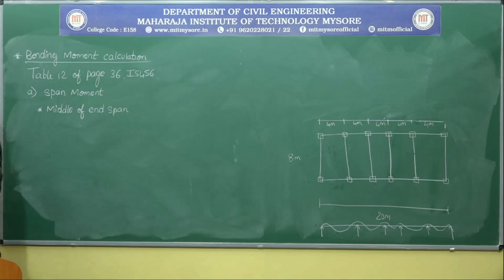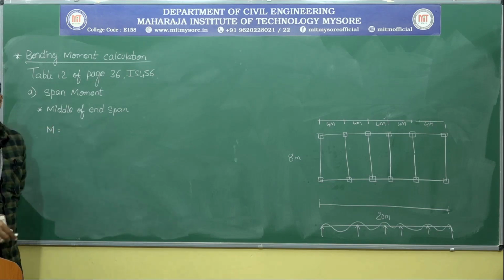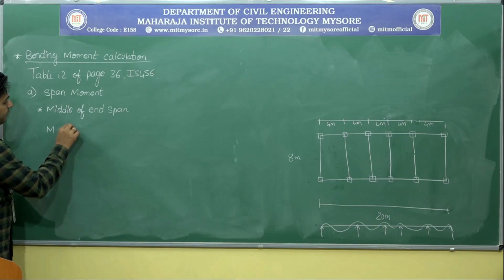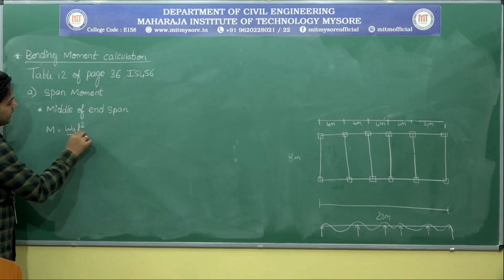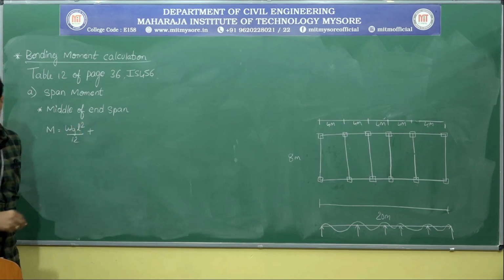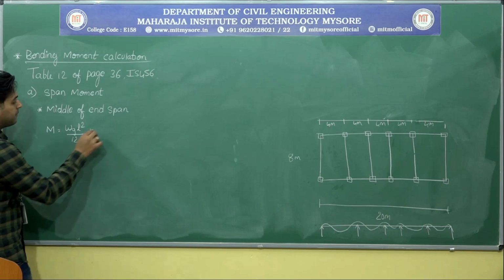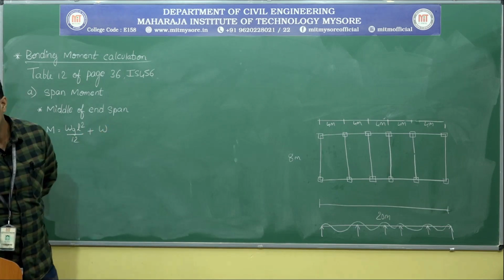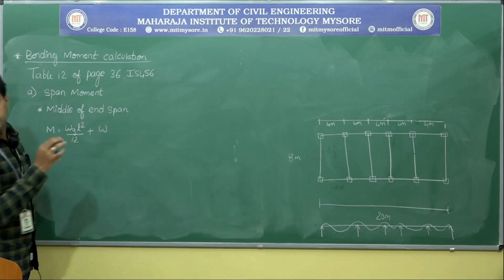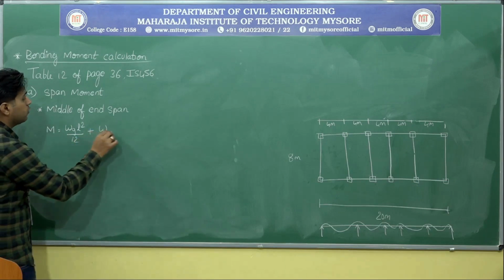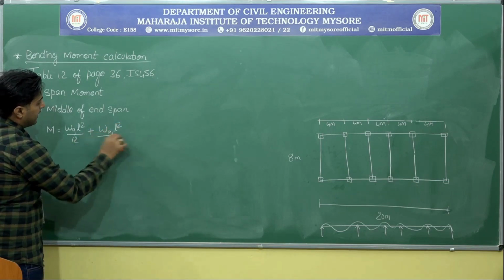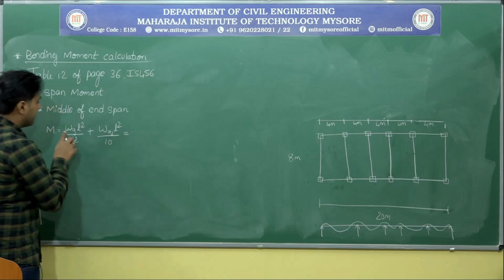At the middle, what will be there? They have given a formula: M is equal to WG L square by 12 plus WQ L square by 10. So let us substitute the value.